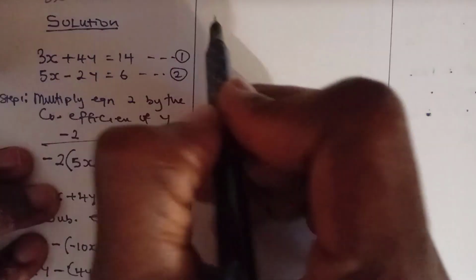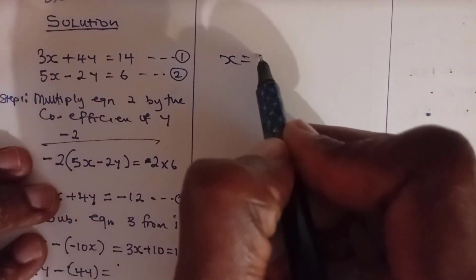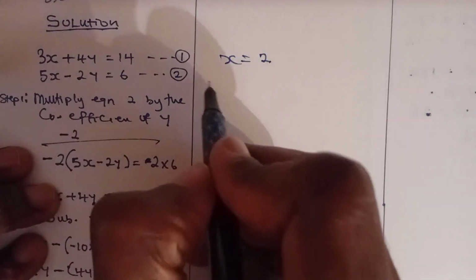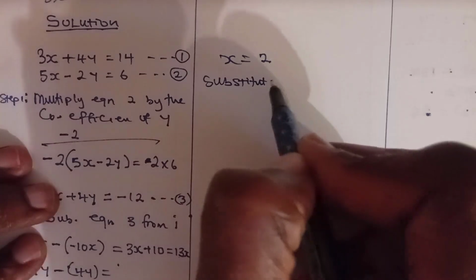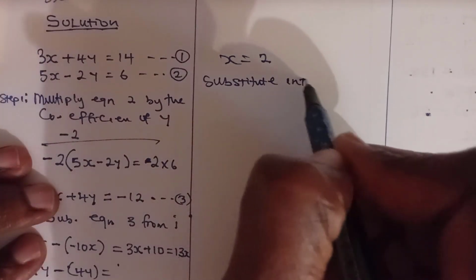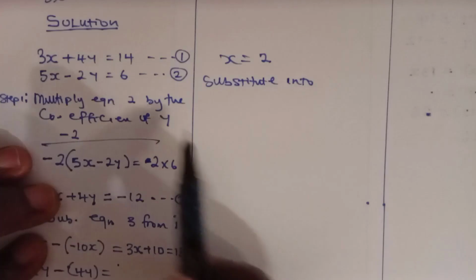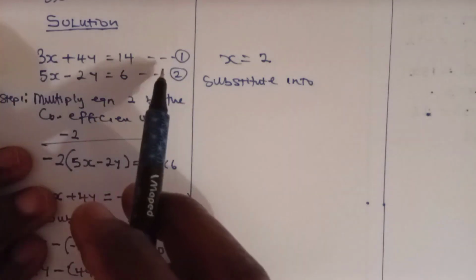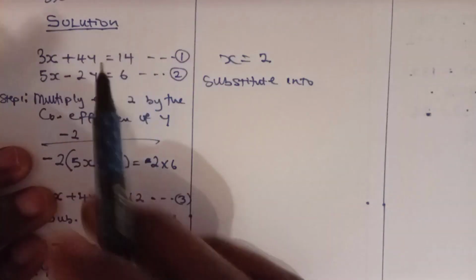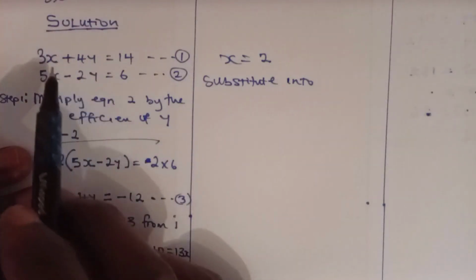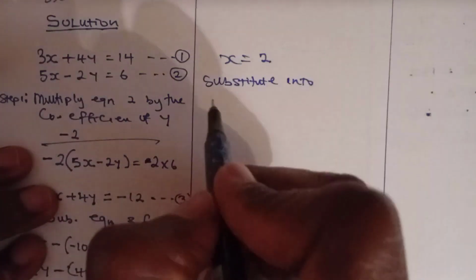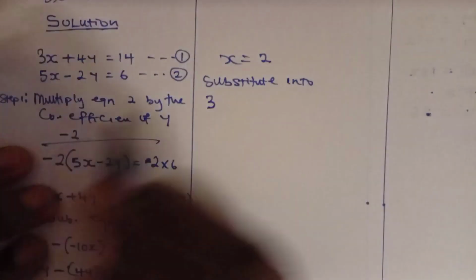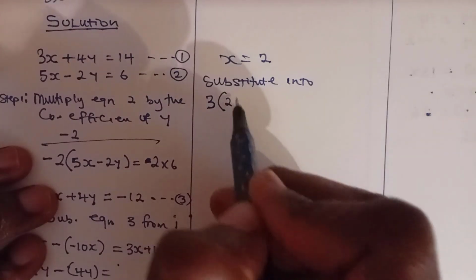Since we know that x equals 2, we can substitute into any equation to get y. So this is equation 1, this is equation 2. So substitute the value of x into any of the equations. I'll pick equation 1 and substitute the value of x into it. So we have equation 1 to be 3x plus 4y equals 14. Since x is 2, we put 2 here.